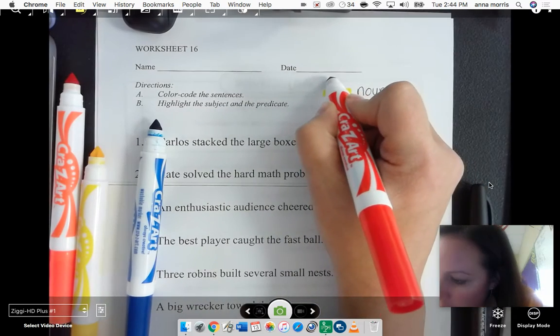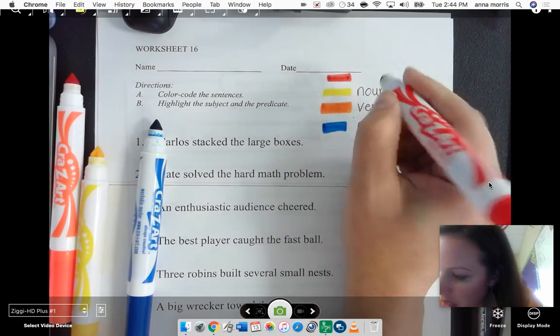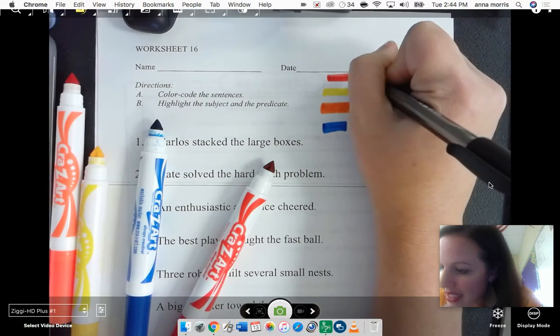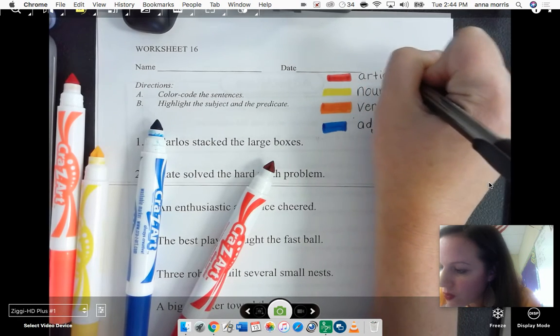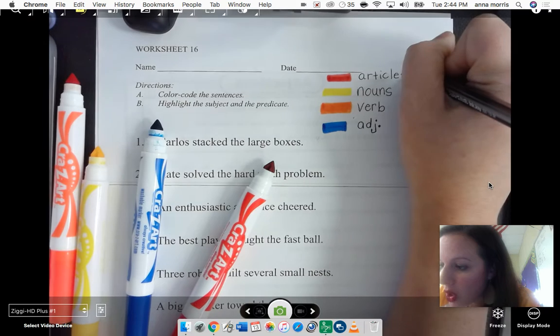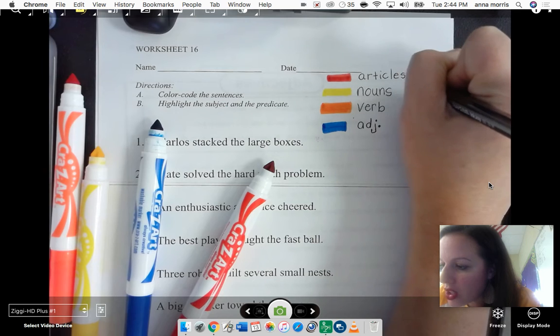And if you have room, I want you to put this right up here. Red color. And it is going to be our articles, or our noun markers.